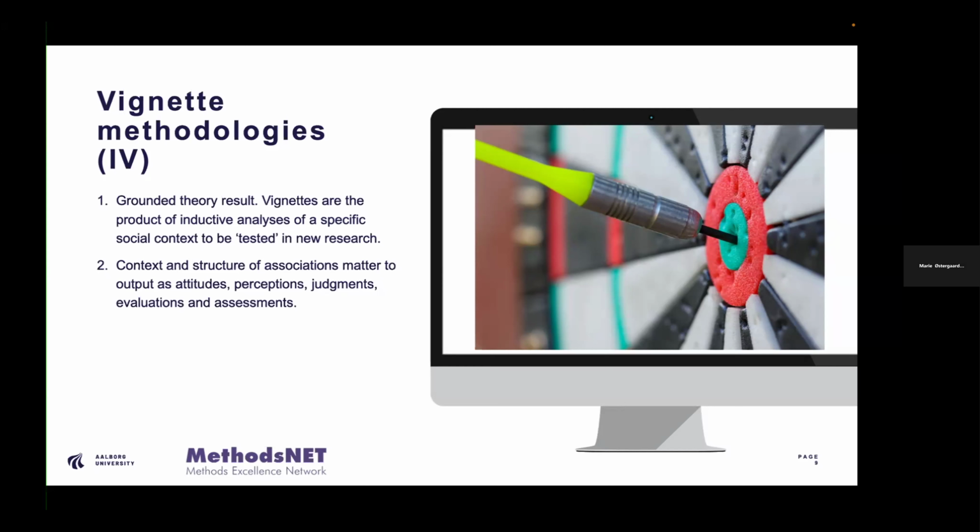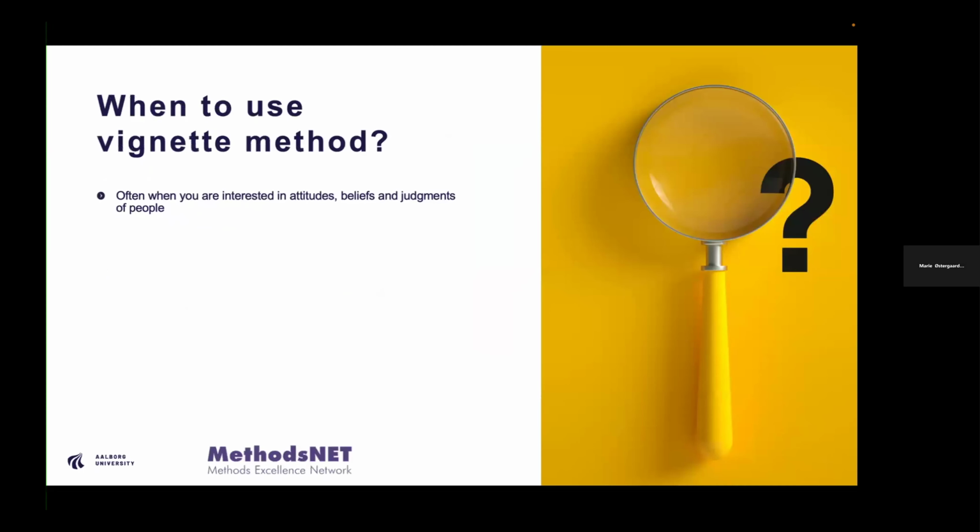And again, like in the earlier versions of the Vignette methodology, the view here is that context and structure of associations matter to output in the form of attitudes, perceptions, and so on. So again, the same idea about using vignettes to dig into people's belief system, you can say.